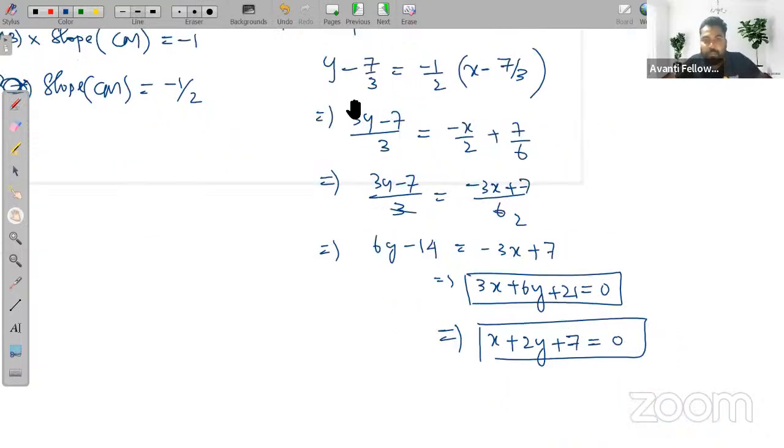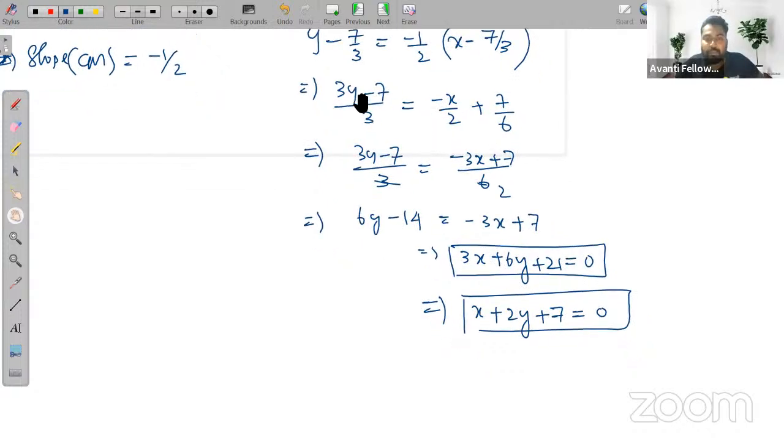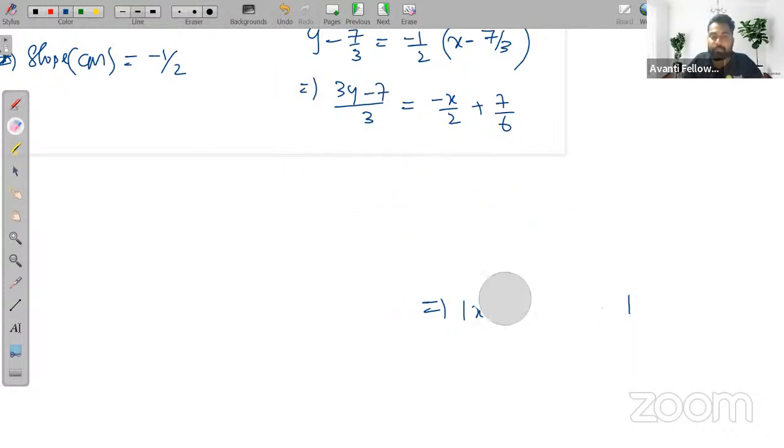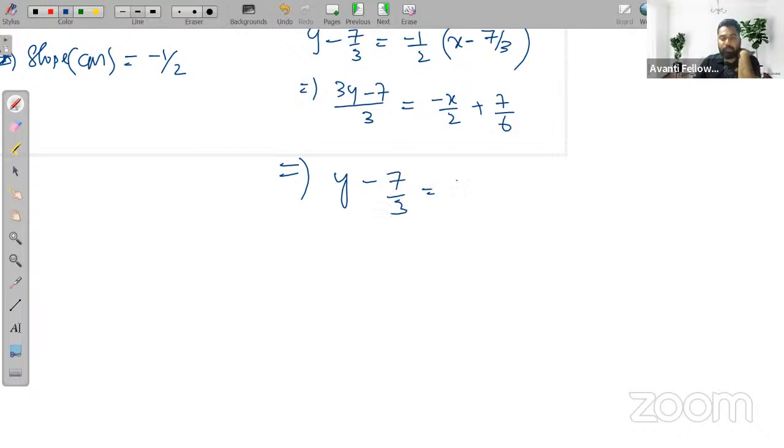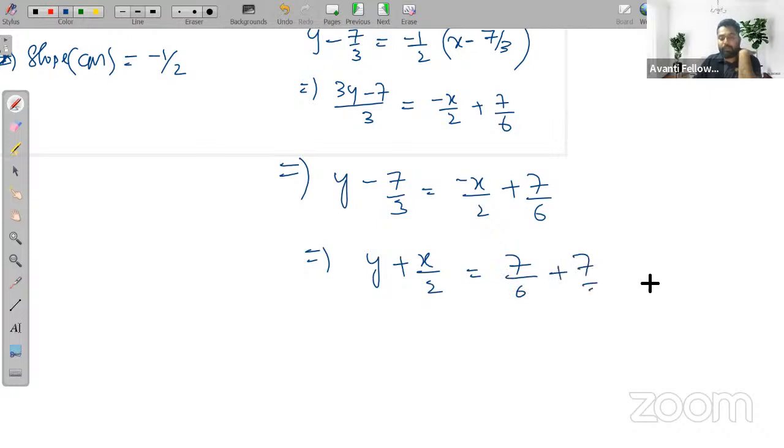3y minus 7, that is minus x upon 2 plus 7 by 6, correct? I'm doing it again from here. So this becomes 3y upon 3, that is y, minus 7 by 3 is equal to minus x upon 2 plus 7 by 6. So y plus x by 2 is equal to 7 by 6 plus 7 by 3, which is equal to 7 plus 14 upon 6.